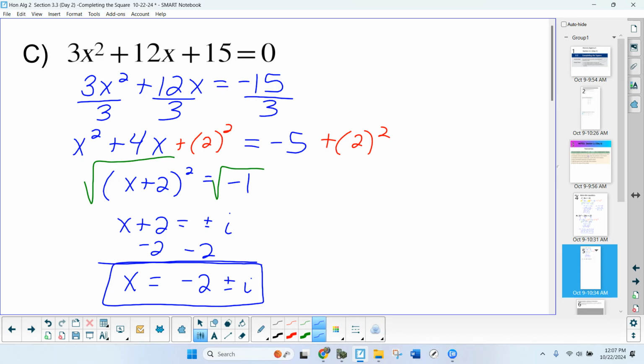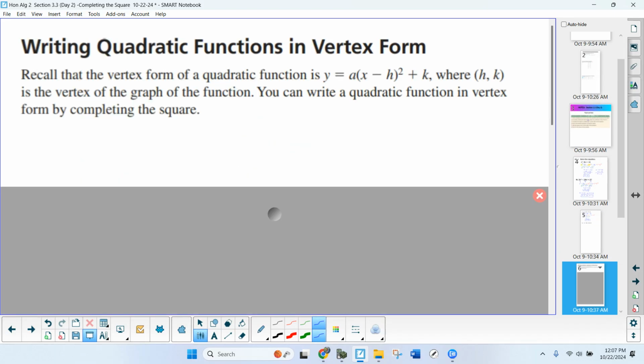We're going to go now to writing it in vertex form. Recall that vertex form is y equals a times x minus h squared plus k. It is helpful because when we look at this form, we know exactly what the vertex is.